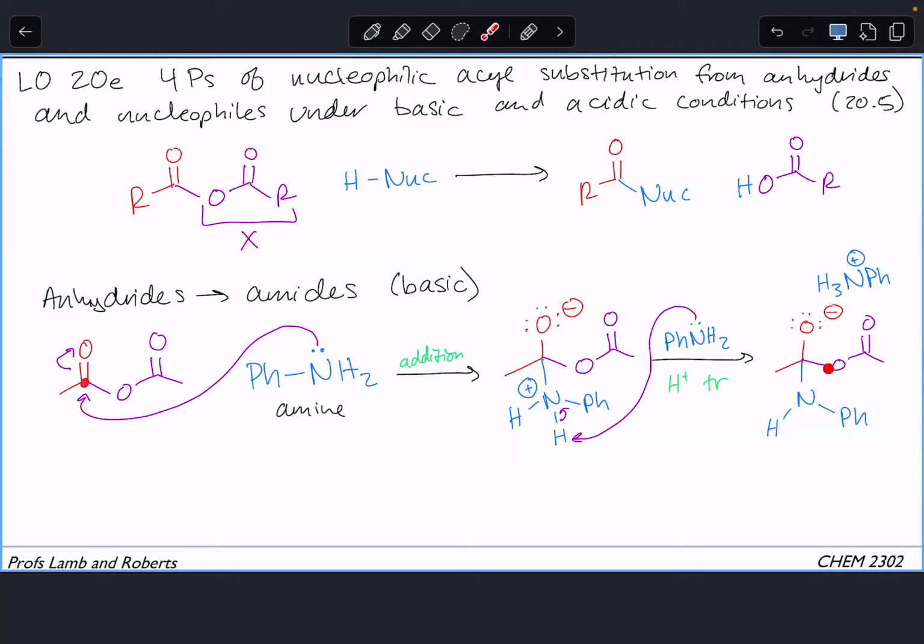All right. So now we have our neutral nucleophile, which is good. We're now ready to do our elimination step. So that entails push down the lone pair, right? Collapse the tetrahedral intermediate to reform the carbonyl. X group leaves.